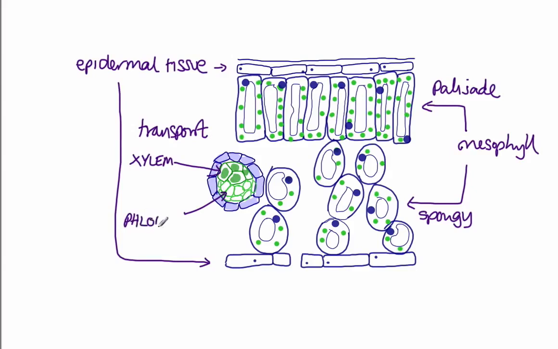So we've got xylem tissue here which transports water and minerals around the plant, and we've got phloem which transports other kinds of substances, usually products of photosynthesis, but also a few other types of molecule as well that are made in the plant. So we've got tissue here for transporting substances around, we've got epidermal tissue for covering, and we've got mesophyll tissue in the leaf mainly for photosynthesis.